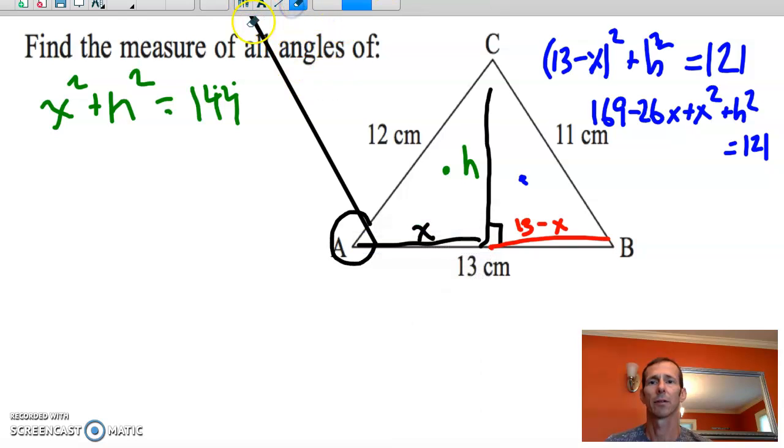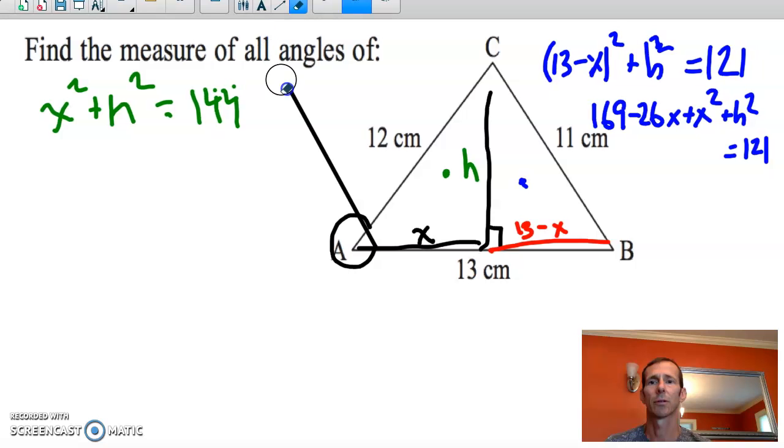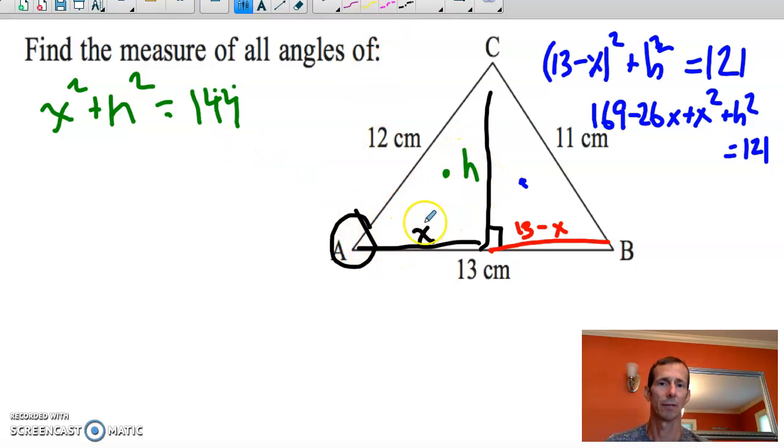I'm going to erase that crazy line that just showed up for no reason at all, and get back on track, no problem. So if I want to find the measure of angle A, what I also know is that if I use this triangle over here, I can use trig. If I'm interested in A, again, I could do this from B if I wanted to, or C, but I would have to drop a different altitude because C is kind of split.